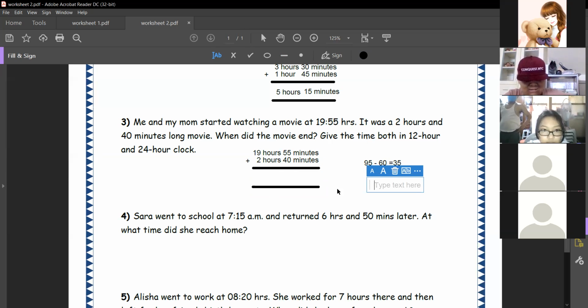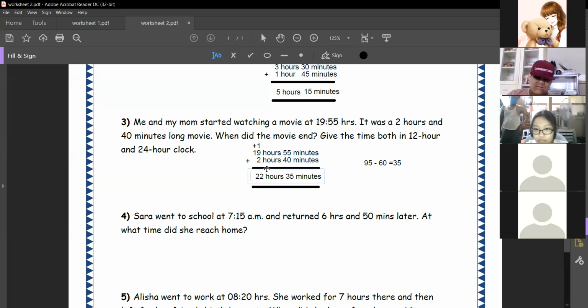So 35 minutes means you have to add one more hour here. 19 plus 1 is equal to 20. 20 hours plus 2 hours is equal to 22 hours. How many minutes? 22 hours and 35 minutes. Very good.